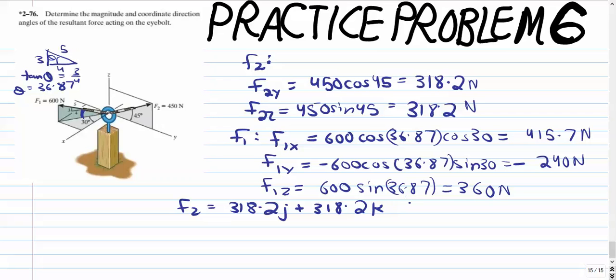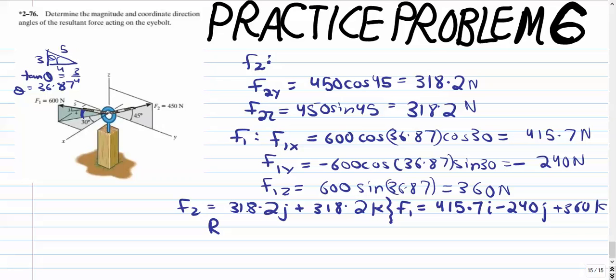So F1, this Cartesian form, is going to be 415.7 I minus 240 J plus 360 K.